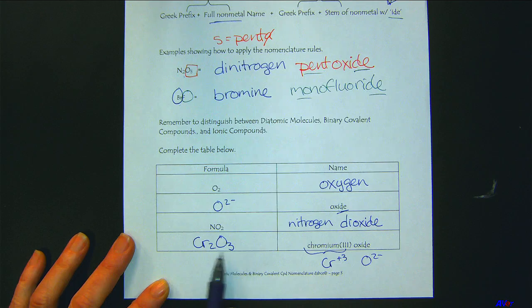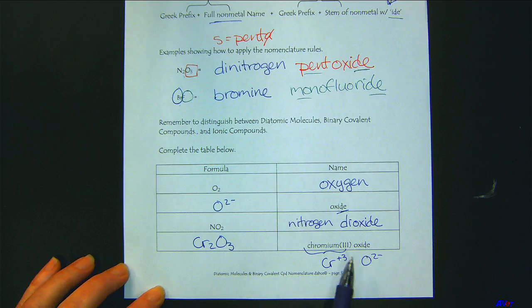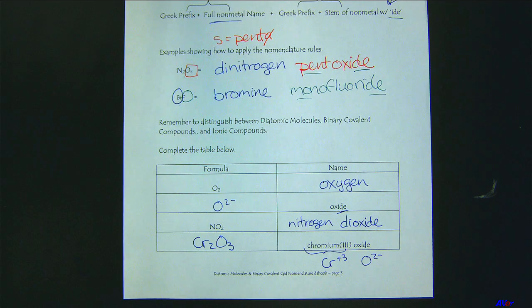So that this would be the chemical formula for chromium 3 oxide, because the Roman numeral is giving us the charge. All righty. Well, that concludes this video on binary compounds and diatomic molecule nomenclature. It's always a good idea to have a few more practice problems to reinforce your understanding.